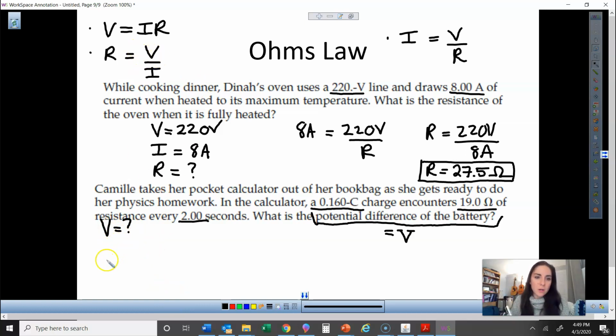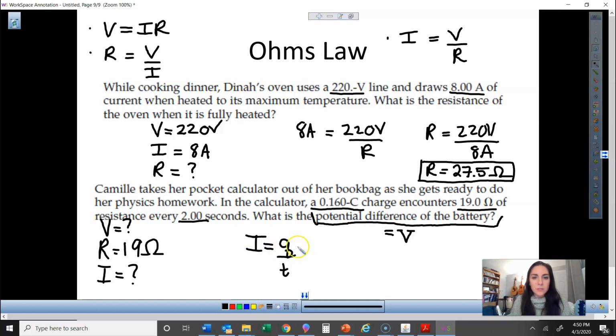Now, with Ohm's law, I have the resistance of 19. But notice I don't have current at all. I don't have current directly, but indirectly, I could solve current another way, right?